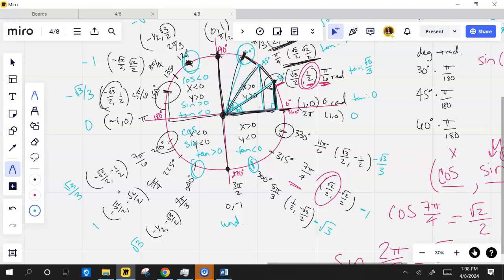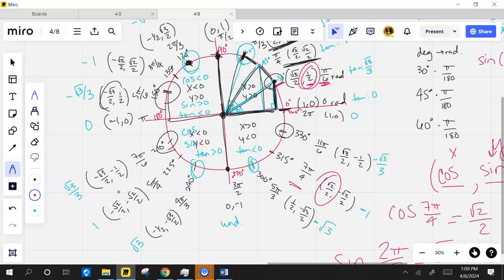What's the sine of 135? I'm just giving you some random ones. What's the cosine of negative 45 degrees?